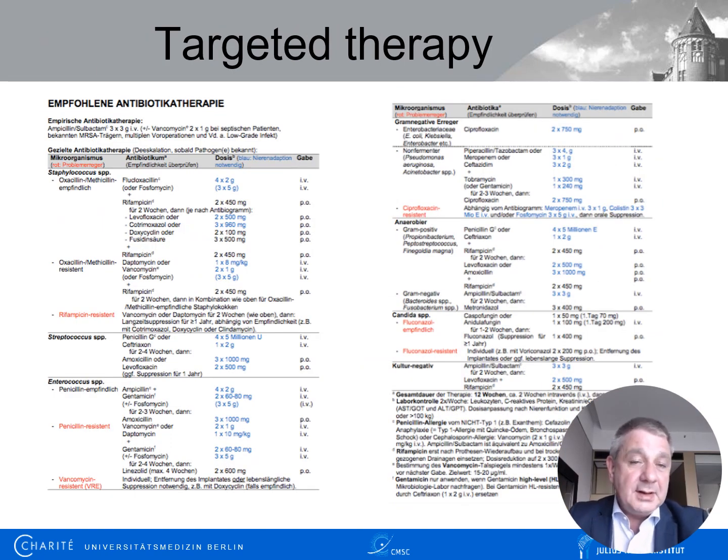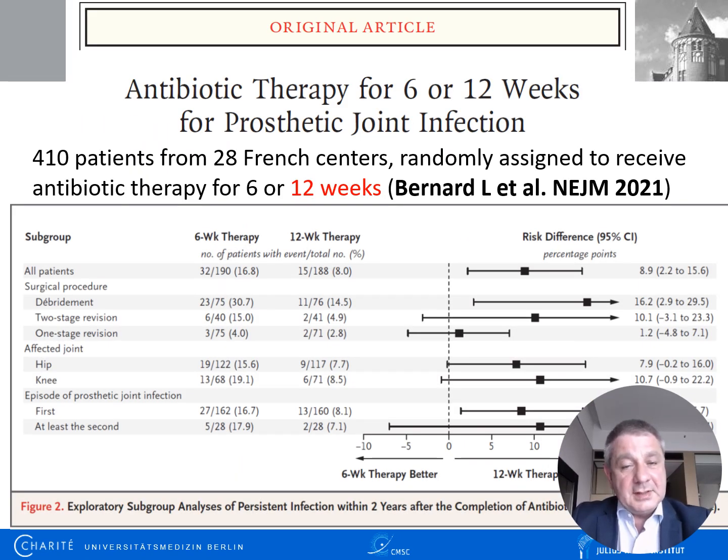To make it easier, there is a table of antibiotics suggested for each type of bacteria and resistance. And the evidence shows that 12 weeks is significantly better than 6 weeks, as shown in this prospective randomized study in France, which showed that specifically in the patients with debridement and retention, the 12 weeks was much better than 6 weeks.